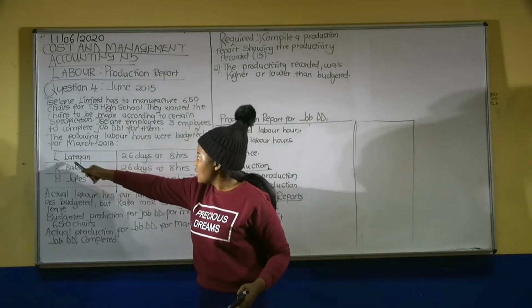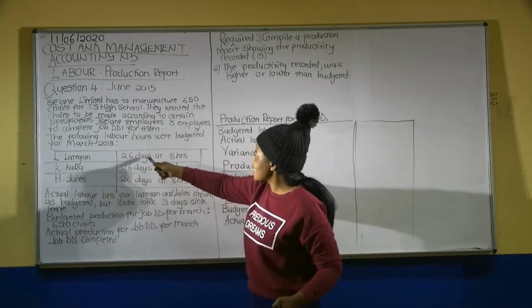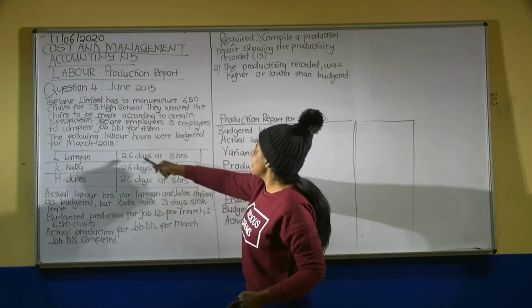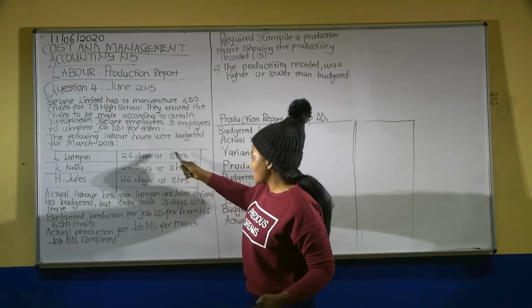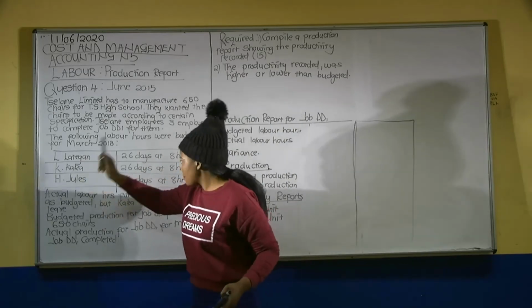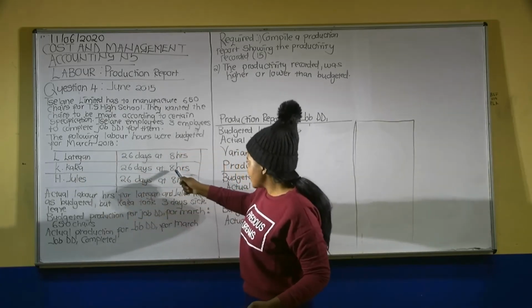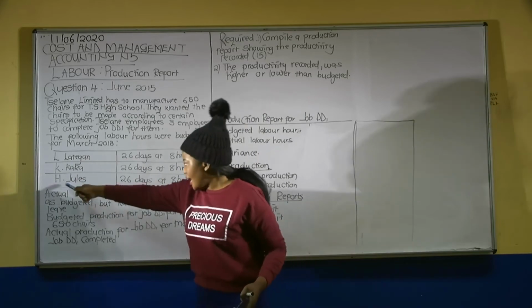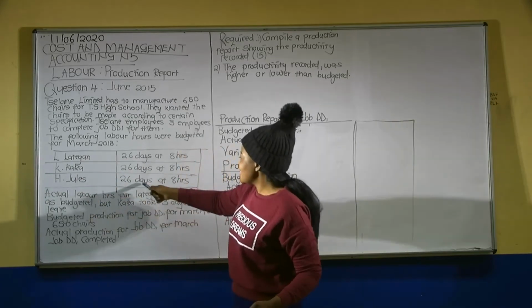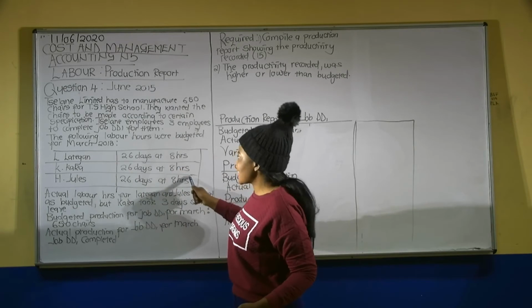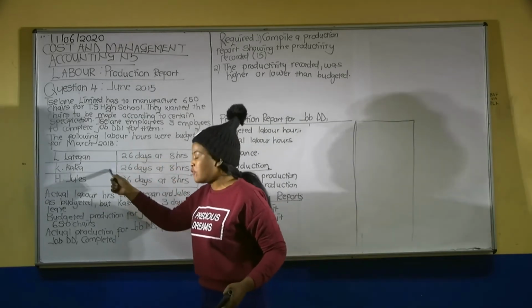We have L Latejin, who works 26 days at 8 hours, K Kaka works 26 days at 8 hours, and H Jules works 26 days at 8 hours. Remember, this is the budgeted information.